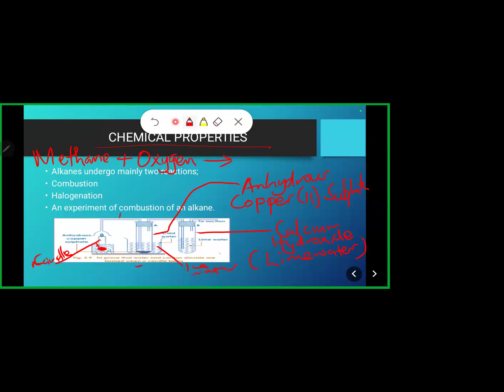So remember, when this vapor comes in from the burning candle, it's going to move into the beaker with anhydrous copper 2 sulfate. And if you looked at water in senior 1, your teacher must have told you that anhydrous copper 2 sulfate is used to test for the presence of what? Of water. So when the vapor moves into this beaker, this cold ice is going to cause that vapor to what?